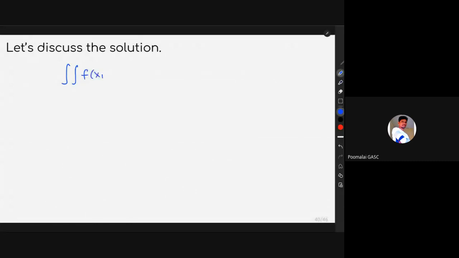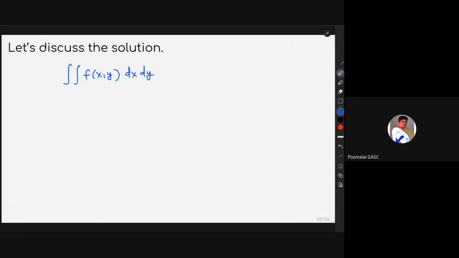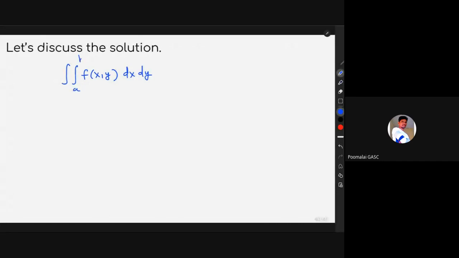Before that, there is one more theorem that we are going to use. This double integral is equal to calculating two separate integrals: first calculating the integral with respect to dx, and then whatever is the remaining function you integrate with respect to y. This is called Fubini's theorem, which we are going to apply in our case.